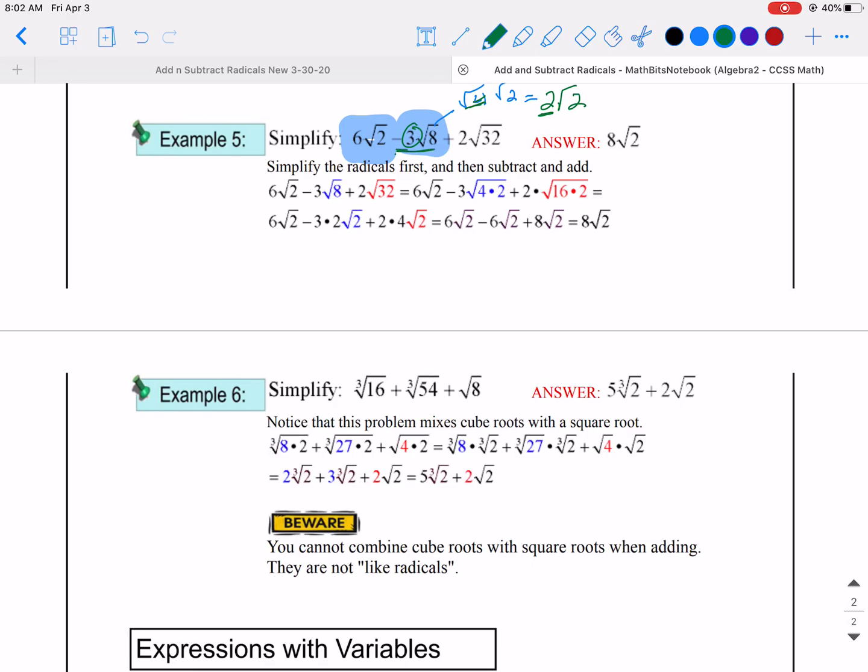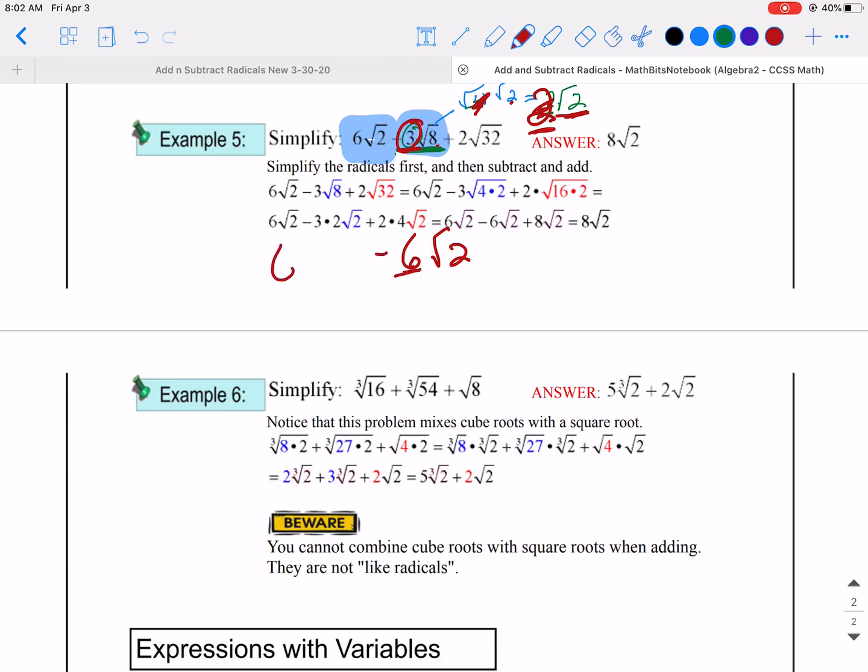So what does negative 3 radical 8 break down to? It breaks down to 3 times 2, which is 6, and I bring my radical 2 that I just simplified down. So 8 becomes radical 4 times radical 2. The radical 4 becomes a 2. I have an outside number here and here. Multiply them together to get your 6 and bring down your radical 2.